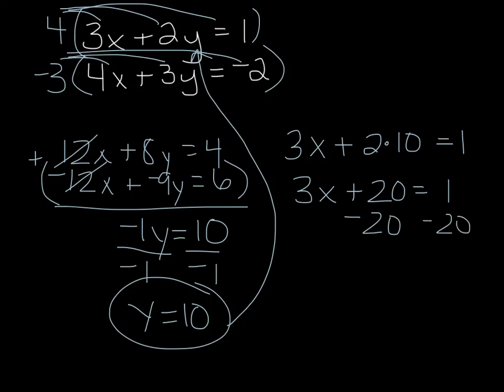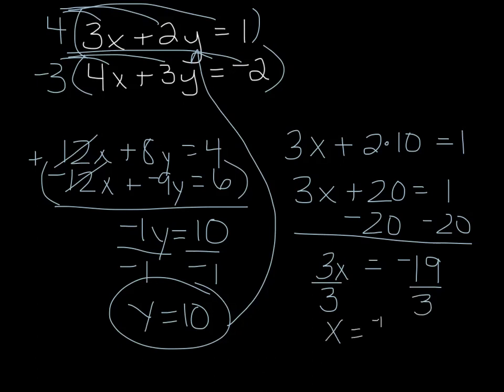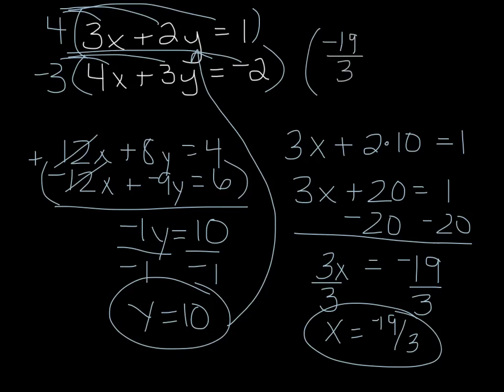Subtract the 20. 3x equals -19. Divide by 3, and you get x to be -19 over 3. You can just leave it as a fraction. Therefore, your answer would be -19 over 3, comma 10.